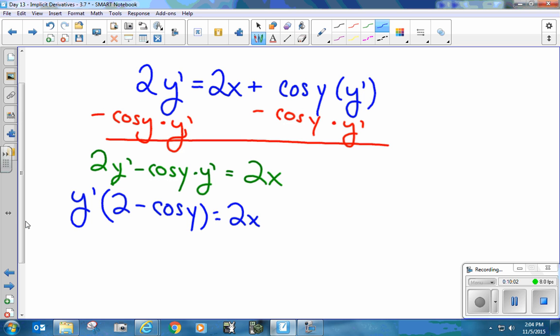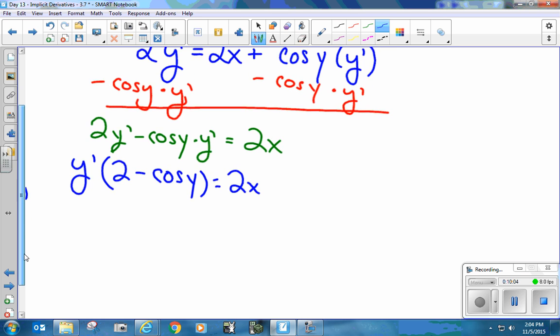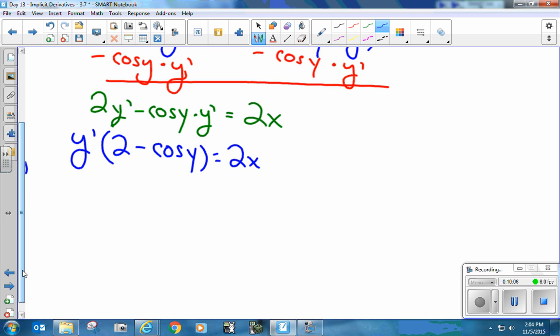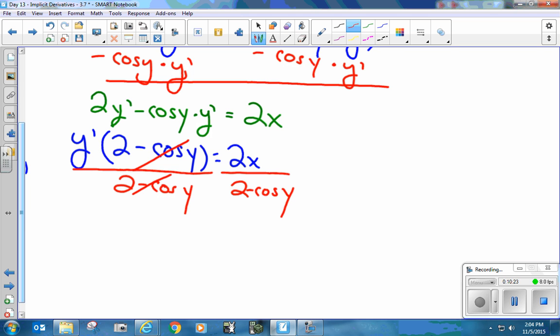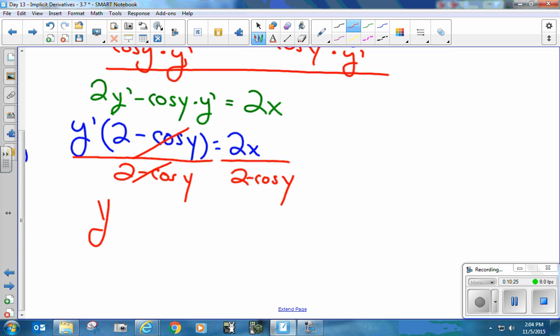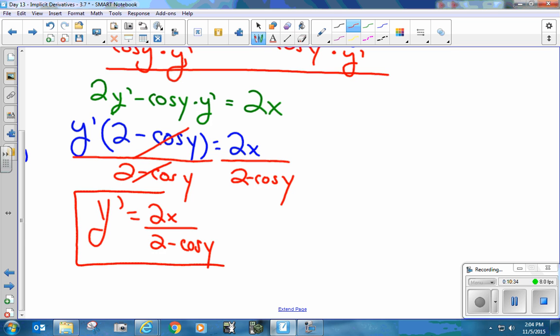If I'm multiplying y prime by 2 minus cosine of y, I'm going to divide by 2 minus the cosine of y. So my y prime equals 2x over 2 minus cos of y. That is it. That is done.